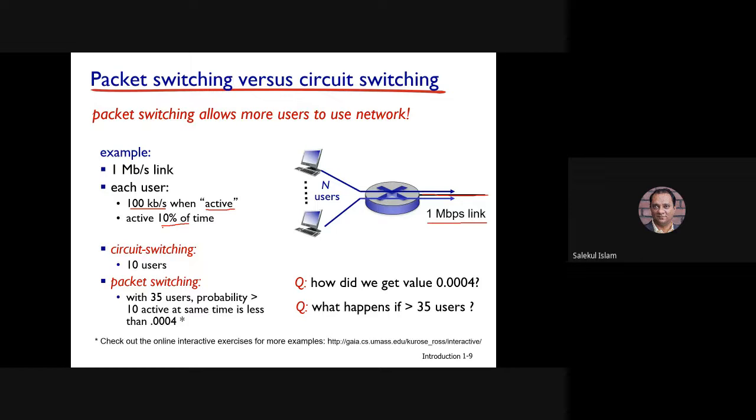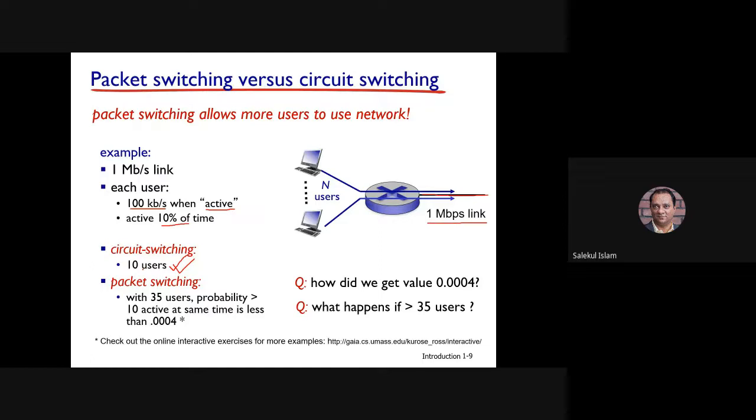When they are active, they are sending 100 kilobits per second. That's why in circuit switching, you can support only 10 users at a time. Simple math, right? If I divide 1 Mbps by 100 kbps, I get 10. So you can support only 10 users.